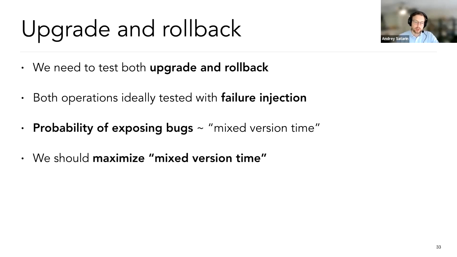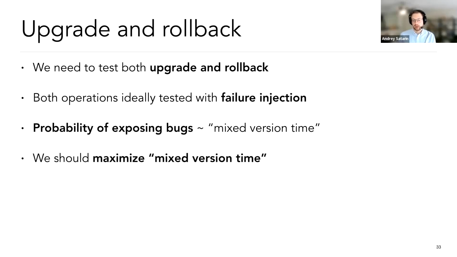The other aspect I mentioned before is upgrade and rollback. In the real world, we need to test both upgrade and rollback, because rollback is an operation that might happen, and arguably those code paths get exercised even less frequently. So it's more important to test them in adversarial conditions, like with failure injection. And because we're talking specifically about upgrade bugs, the probability of exposing those bugs, especially under failure injection, where the whole scenario becomes even more probabilistic, means we need increased mixed version time, because that directly corresponds to how many bugs we can expose.